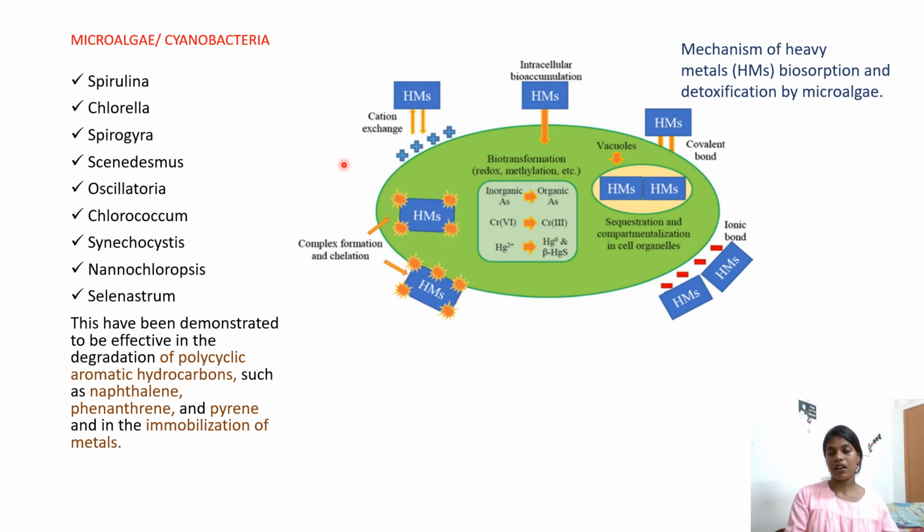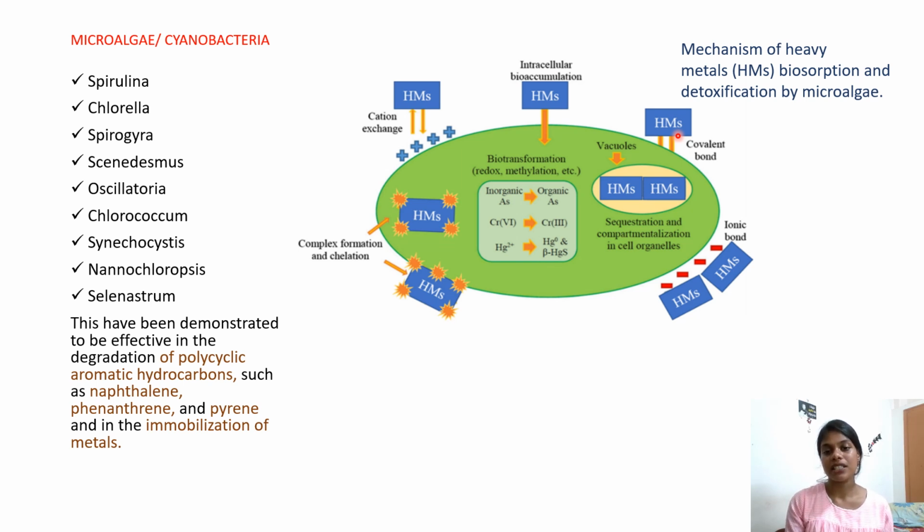Another method is that these microalgae have exopolysaccharide compounds on the cell surface that can mediate the uptake of the contaminants on the cell surface and into the cell. Thus, by enabling these microalgae to remove the toxic compounds, they reduce the bioavailability. By covalent bond it will attach to the cell, and by ionic bond also it can attach to the cell.